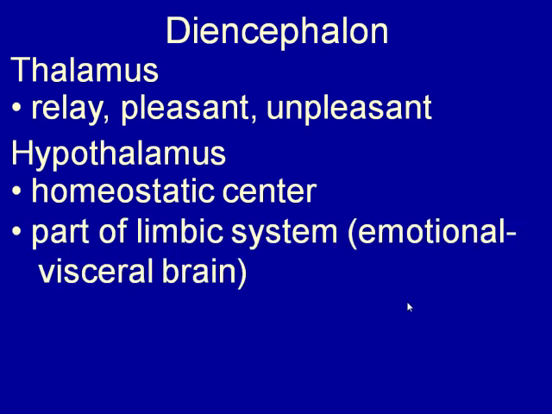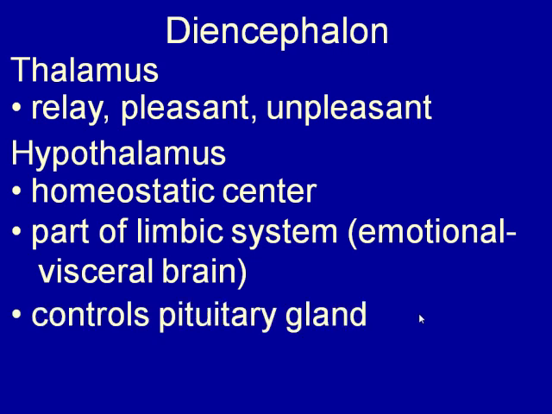The hypothalamus is also a part of the limbic system, and the limbic system is sometimes called your emotional visceral brain. Fear, rage, sex drive, those kinds of things are located in this part of the brain. Also, the hypothalamus controls the pituitary gland, so this is a major controller of the endocrine system.